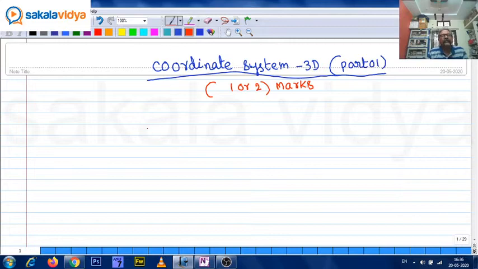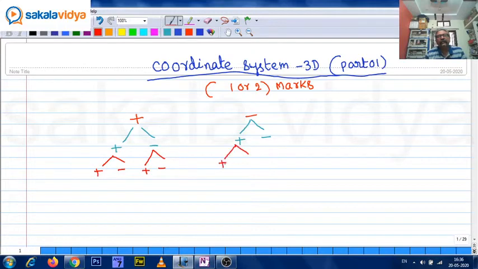Take the plus sign and minus sign: write plus, minus here, again plus, minus, and plus, minus here. Next, plus sign, minus sign; here also plus, minus; here also plus, minus. So the sign scheme will be like this.